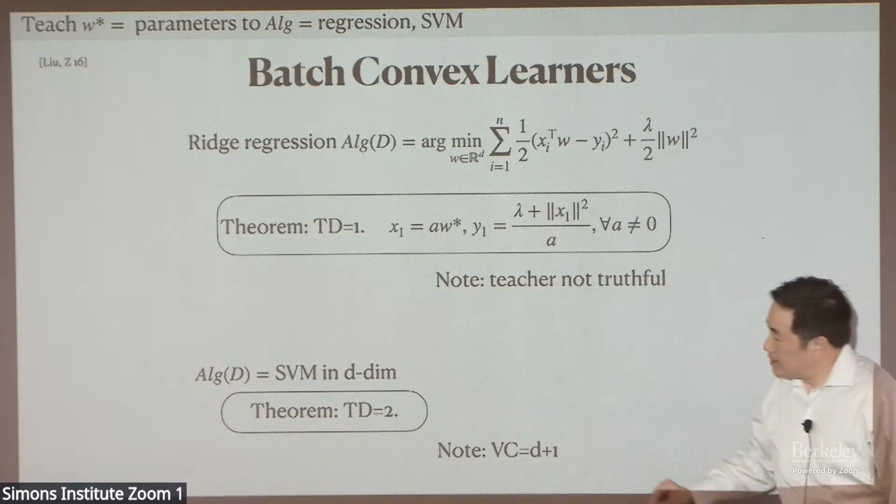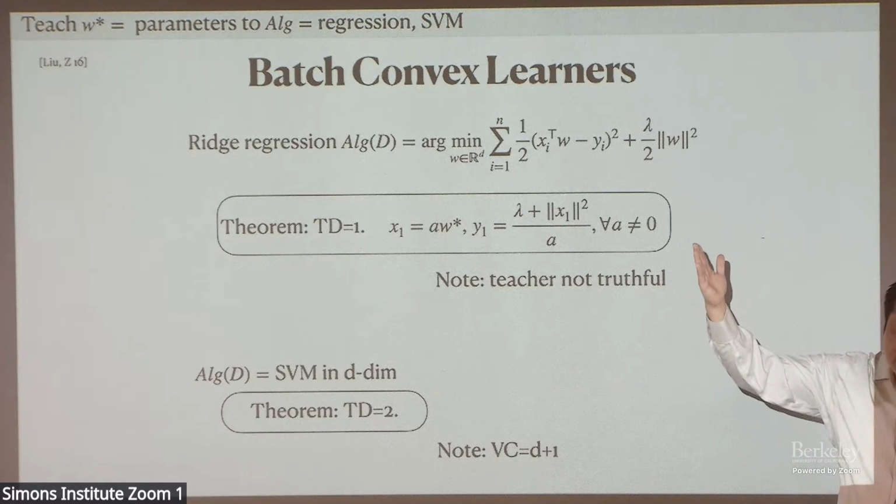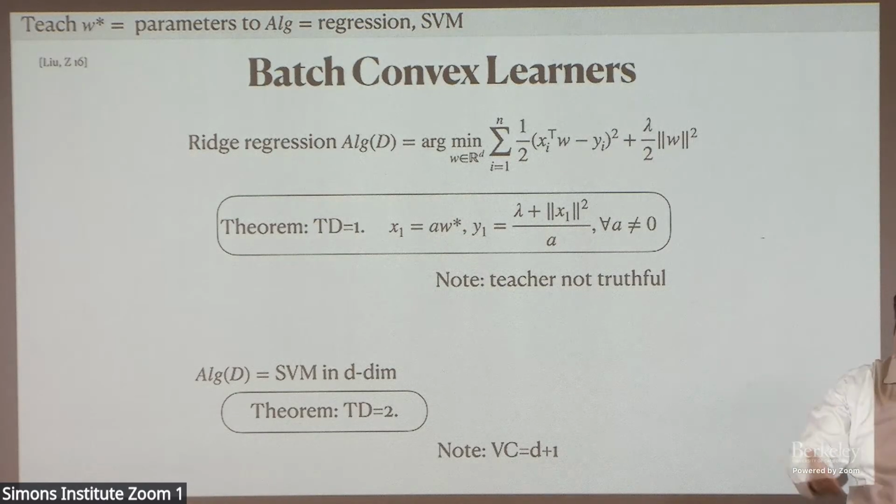Let's take another example, support vector machines, but in d-dimensional space. Imagine 3 dimensions. A support vector machine, as we know, finds the large margin hyperplane to separate positive and negative, right? So if you want to teach a particular decision boundary, and the teacher can construct a labeled training set, how many items would be needed?